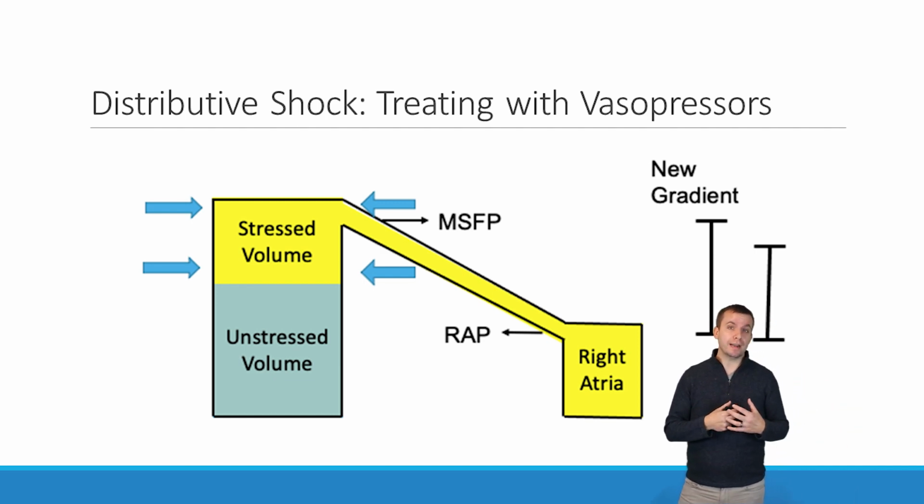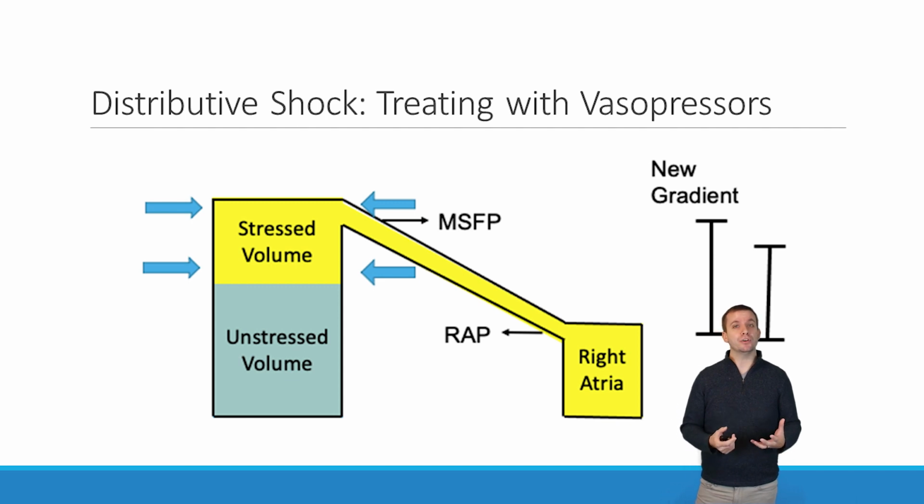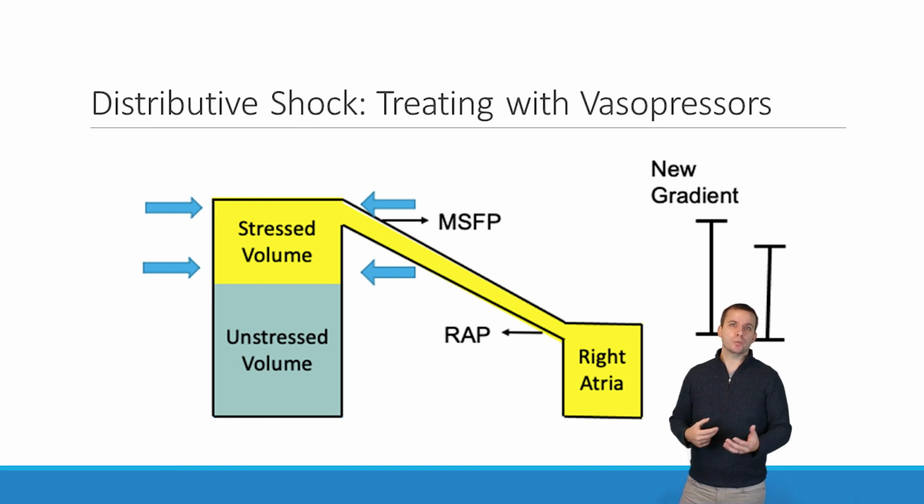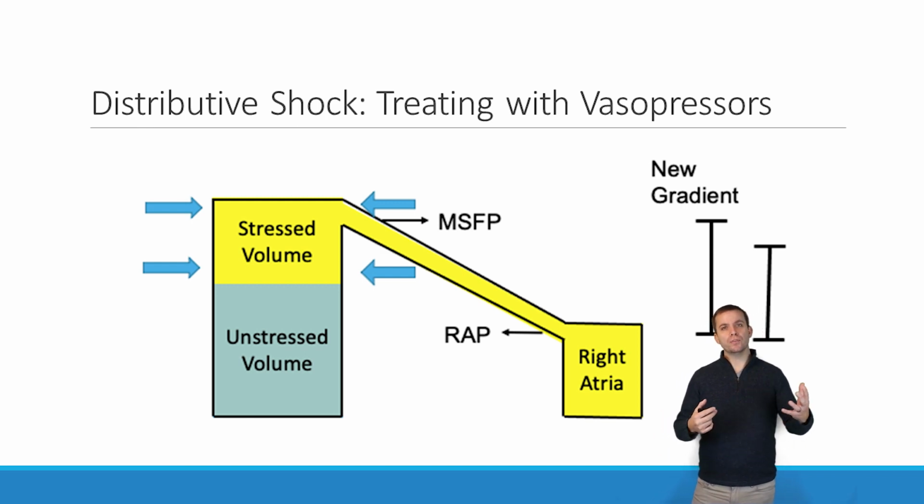Well, I disagree with that. I think vasopressors definitely have their uses, because then you're not giving a lot of fluid. You're not going to ruin that mean systemic filling pressure to right atrial pressure gradient. And by improving that gradient, you're going to really improve preload. So you can give some volume, but I think treating with vasopressors is going to increase the stressed volume, increase that gradient, improve your preload.